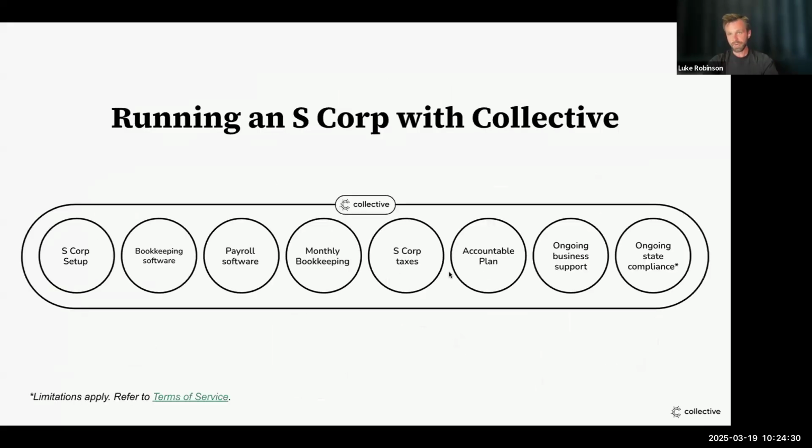What happens with us, though, is we provide all of those services in one spot, in one platform. So you don't have to have a payroll processor over here, a bookkeeping software over here, a CPA or a bookkeeper. All of your professionals and software and the running of your finances is in one platform, in one company.